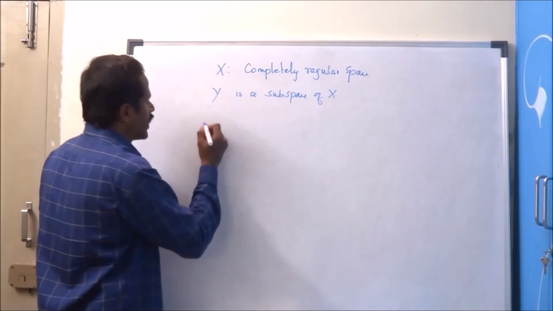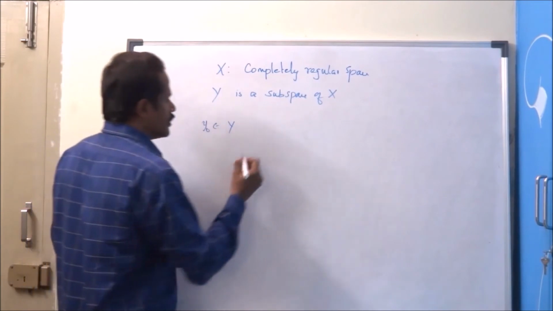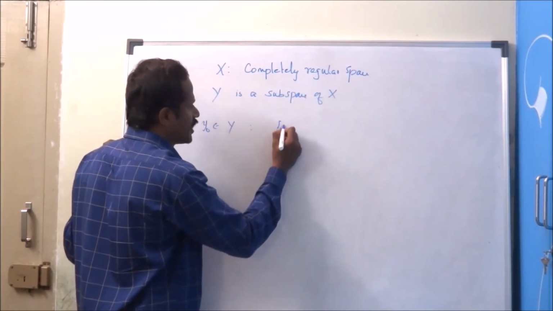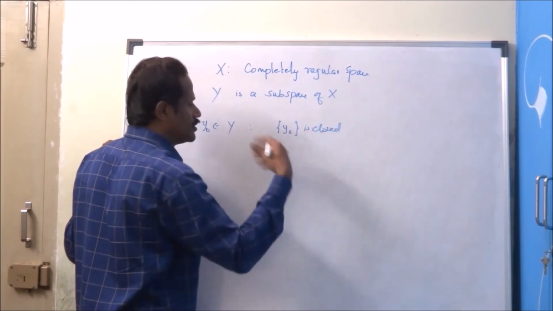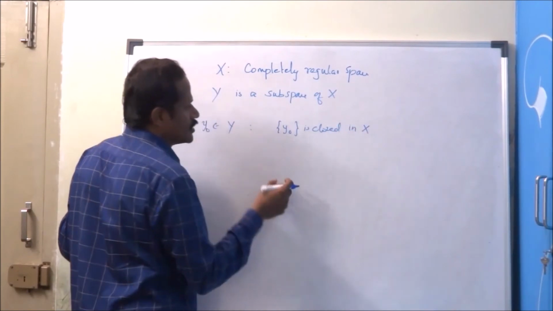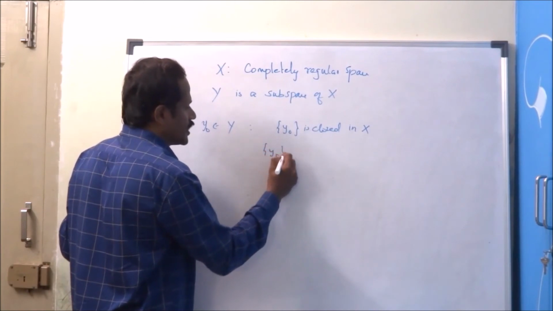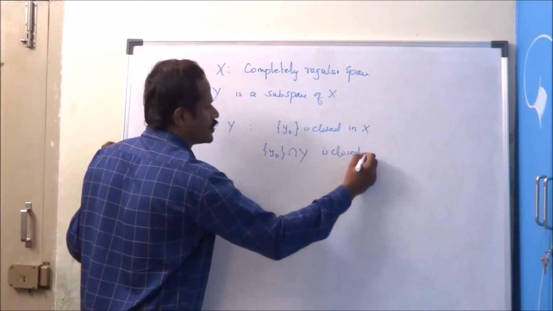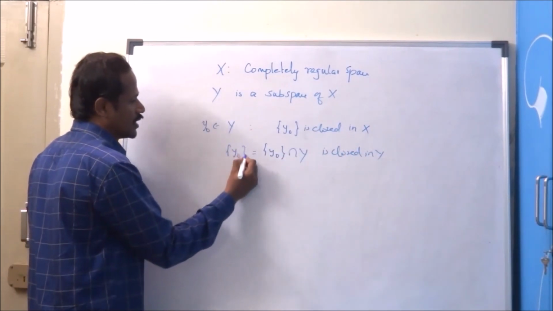Now if you take any point y naught in Y, then this y naught is also a point of X, therefore singleton y naught is closed in X. This argument you have used a lot of times in the earlier videos. So here you have a closed set in X, and that closed set intersected with Y is closed in Y. But we know that this intersection is actually singleton y naught.